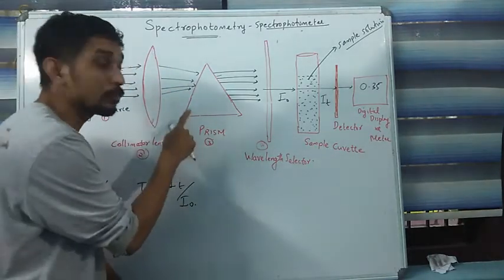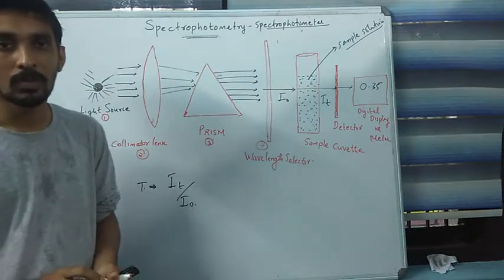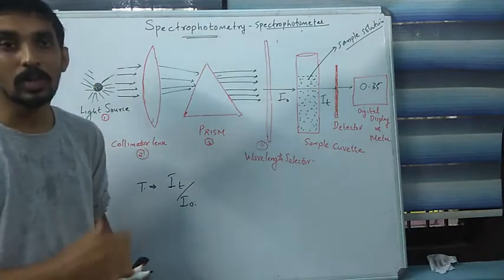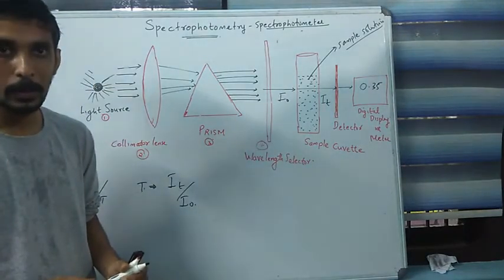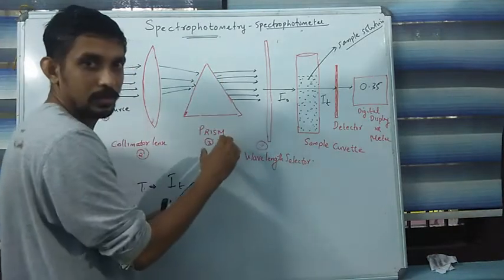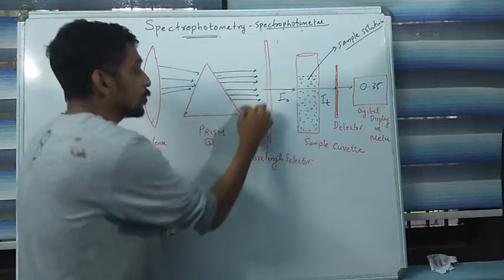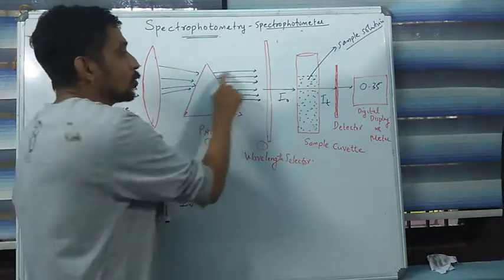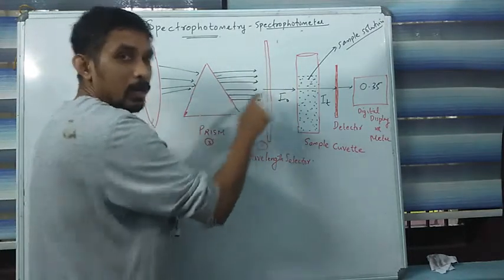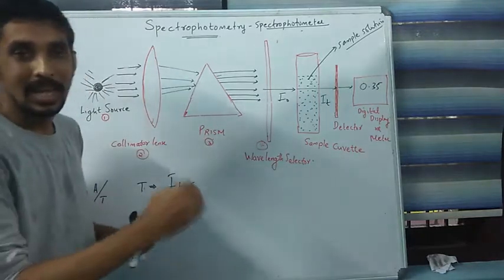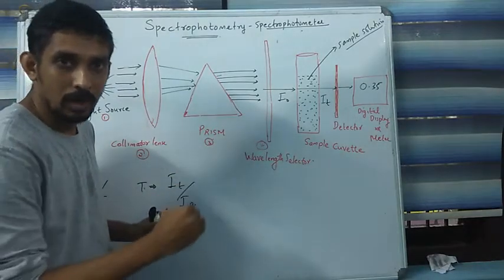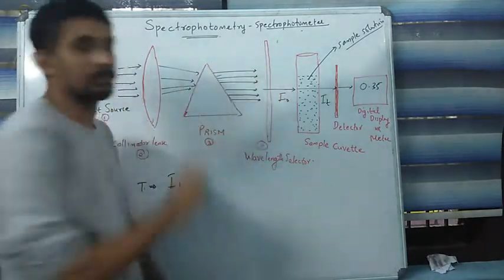The main function of the prism is to separate light waves. It separates light with different wavelengths and allows them to move in different paths, in different directions.